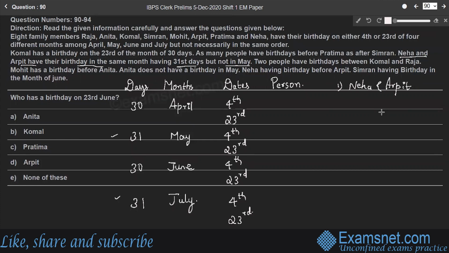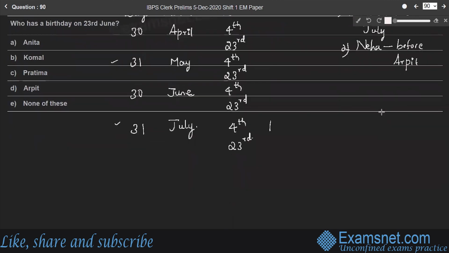And also the second point is Neha having birthday before Arpit. That means in the month of July, Neha's birthday will be on 4th, and Arpit's birthday will be on 23rd of July.